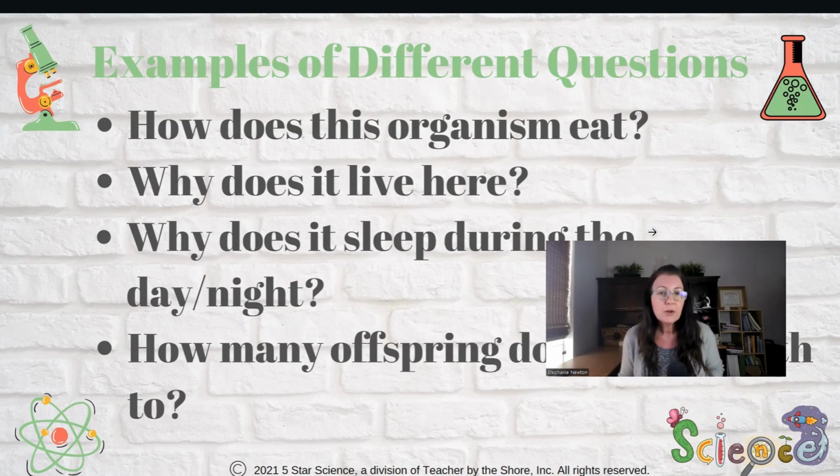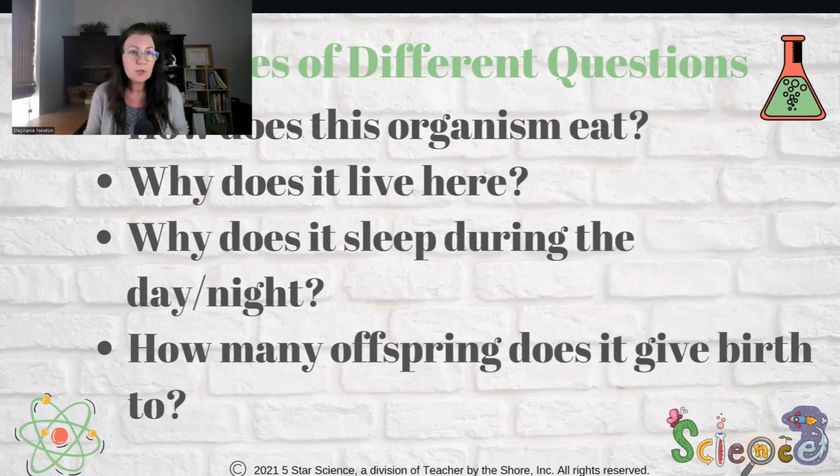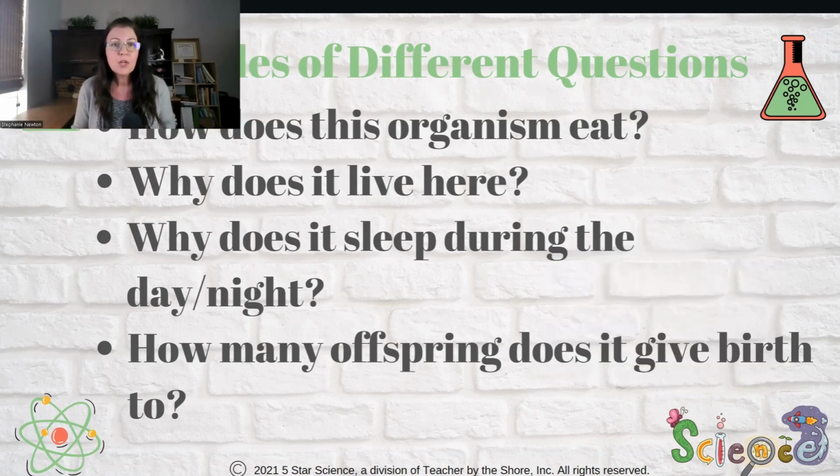Why does it live here? In other words, you see that animal, why does it live here? Is there a specific food it needs here? Is there a specific predator it's trying to stay away from? Why does it sleep during the day or night? And how many offspring does it give birth to at one time? So these are things that you might be curious about and you could further investigate.